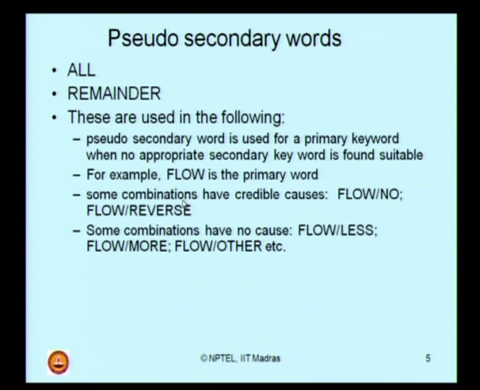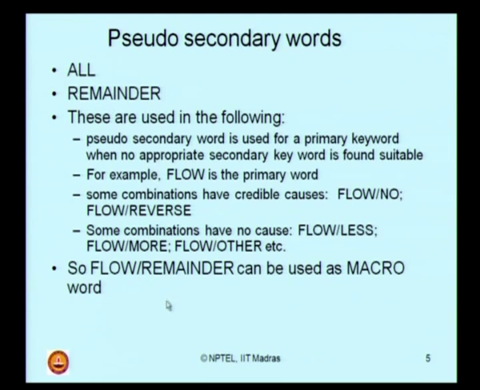Some combinations have credible causes, for example, flow slash no. Flow is a primary word, no is a secondary keyword. So, flow slash no has a credible cause. On the other hand, flow slash reverse will also have a credible cause, but some combinations have no cause at all, for example flow less, flow more, flow other, etc.